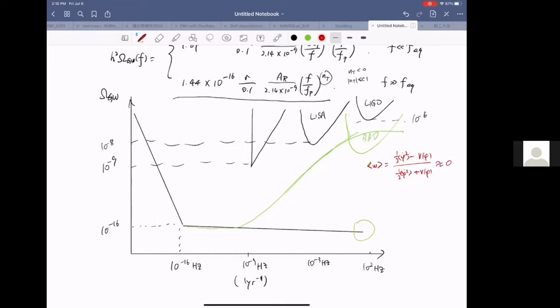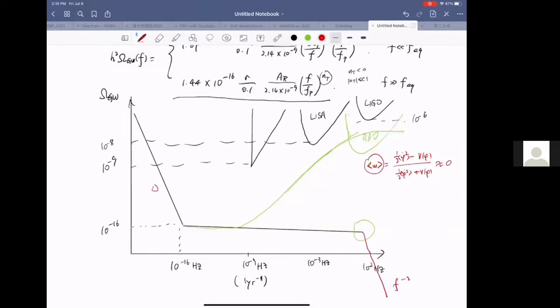So in this case, you can imagine that the transfer function is the same as the one we have here. So this will just go down, like frequency to the -2. But it is also possible that we can have a larger tilt for the change of the equation of state.